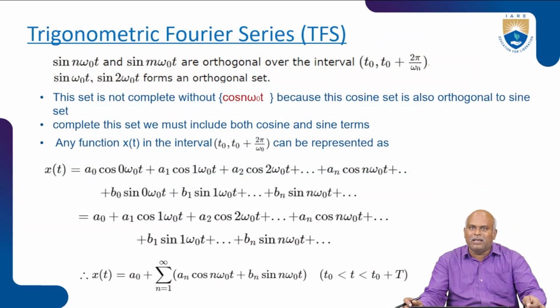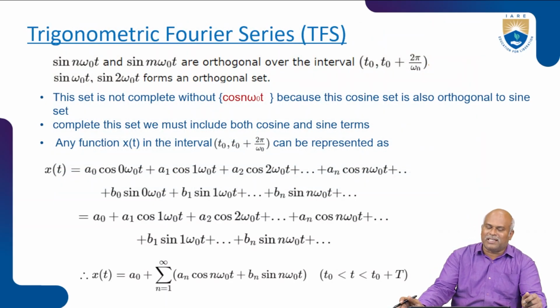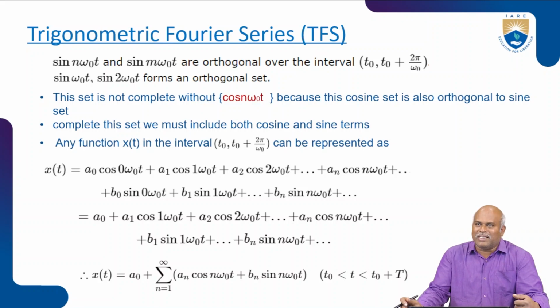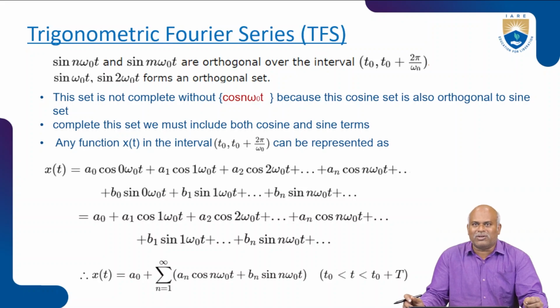Now we go for the trigonometric Fourier series. In this trigonometric Fourier series, we should find the periodic signals. Here I take two signals, represented as sin n omega 0 t and sin m omega 0 t.